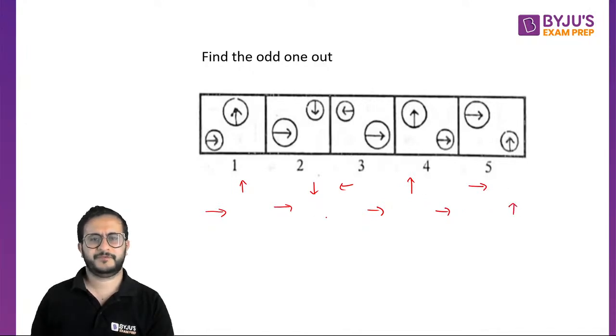Now what is happening in these arrows is, one is pointing in a horizontal direction, one is pointing in a vertical direction. So one is horizontal, one is vertical, right? One is vertical, one is horizontal, one is horizontal, one is vertical. This one has both horizontal arrows.